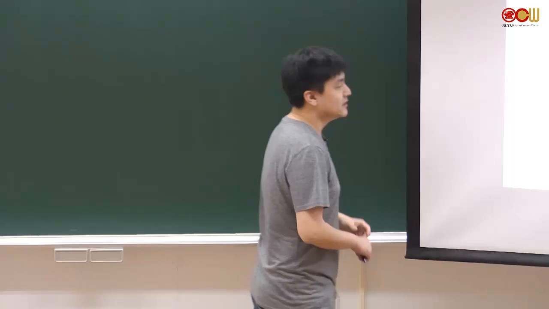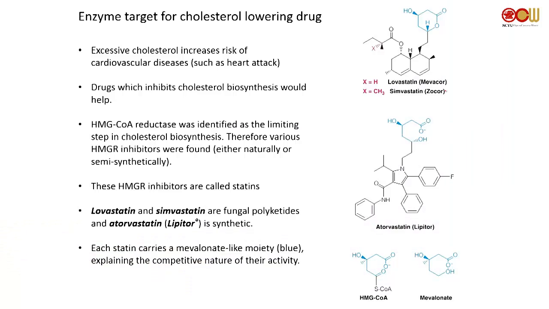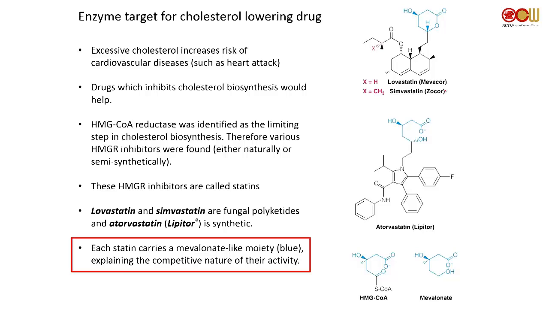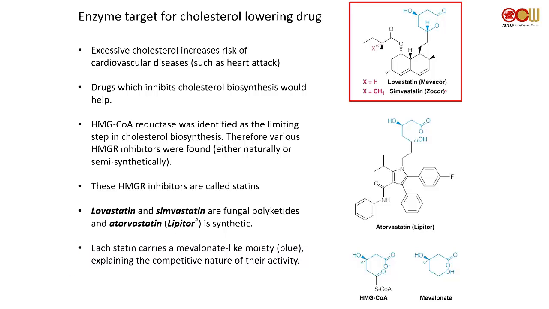Lipitor, right? So statin drugs, the reason why they work is that they all carry a mevalonate-like moiety. For example, if you look at lovastatin and simvastatin, the natural version, on the very top, the blue portion looks kind of like HMG-CoA or mevalonate if you bend mevalonate. So you have a ketone here, a ketone there, an O minus, and an ester bond right there.